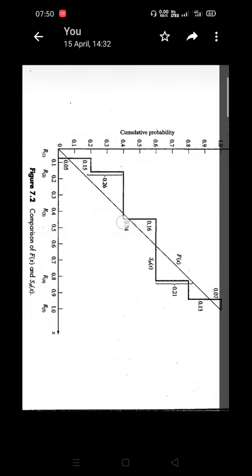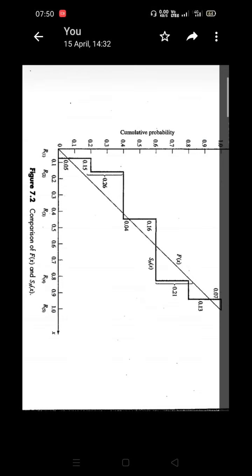Then you can say x3, y3, x4, y4 and x5, y5. Check 0.44 somewhere over here, and y is 0.6. Then the next random number is 0.81 and the probability value is 0.8. Observe here 0.81 and 0.8.